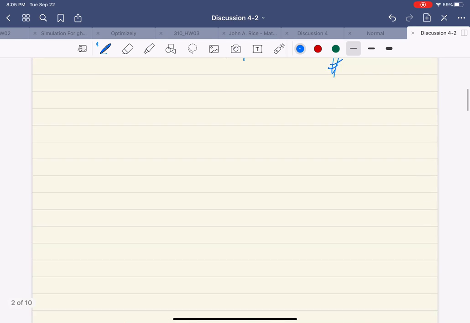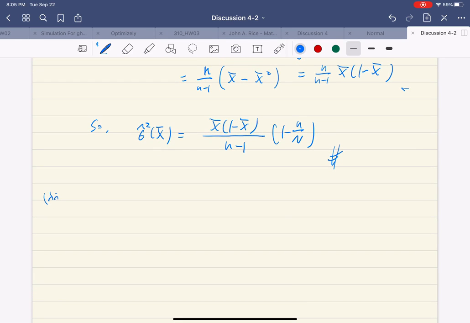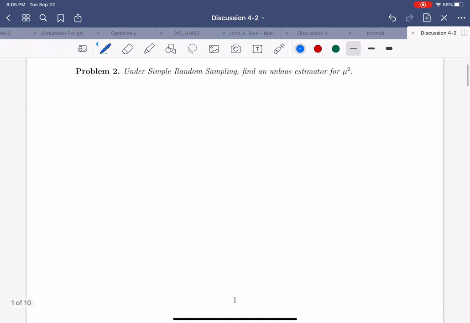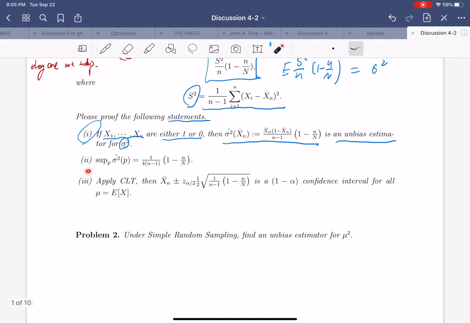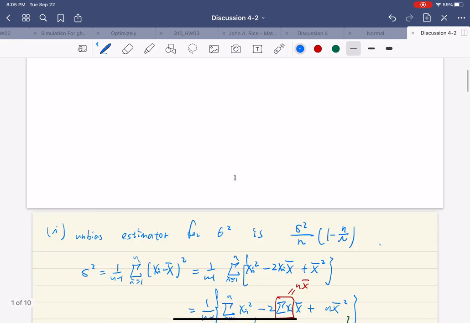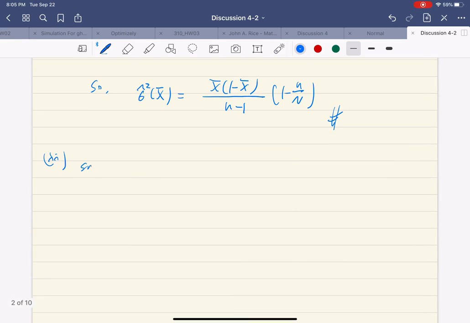And in question 2, we want to find the supremum of the estimator, this one. So we want to find the supremum over p of sigma hat squared of p. This is equal to the supremum over p of p times 1 minus p, multiplied by this constant.